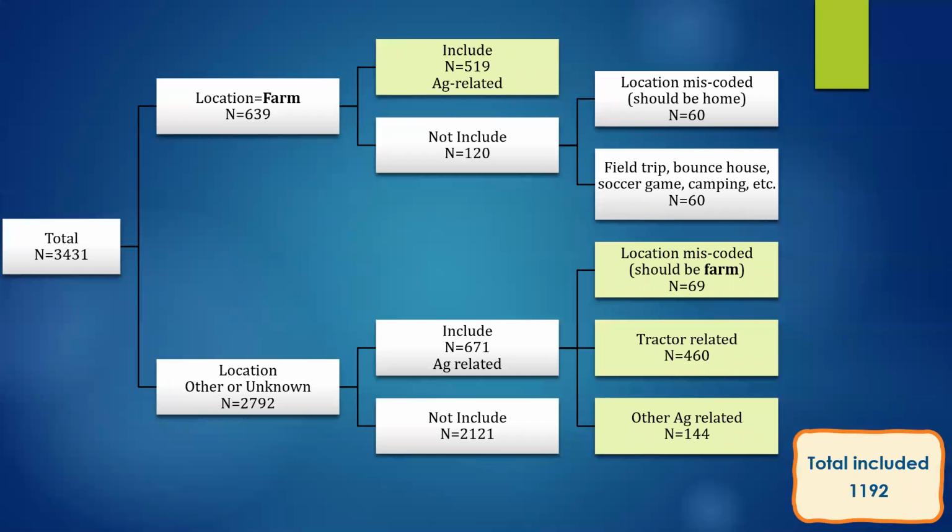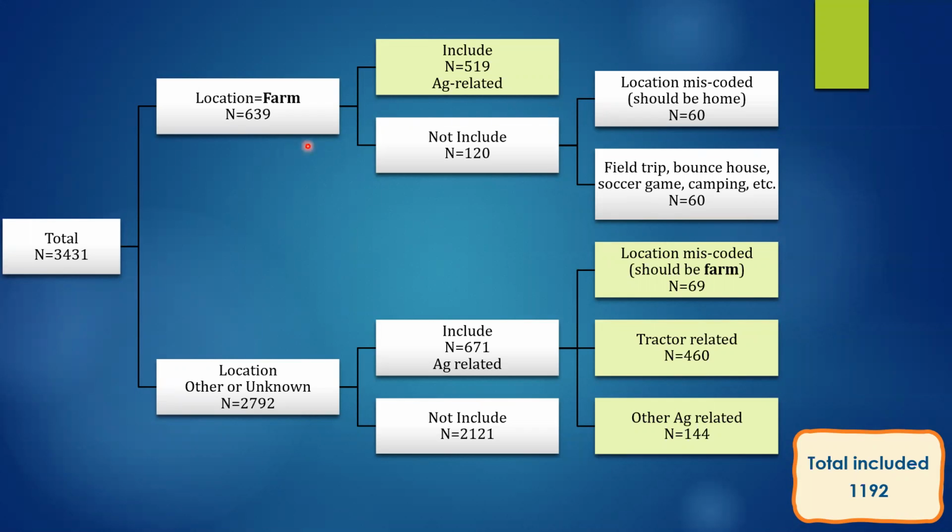Again, I want to summarize our methodology in this flowchart. We identified a total of 3,431 cases at first. These cases were basically injuries that occurred on a farm, injuries related to agricultural products, and farm animal related injuries.